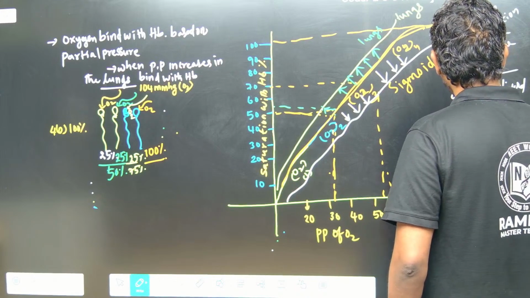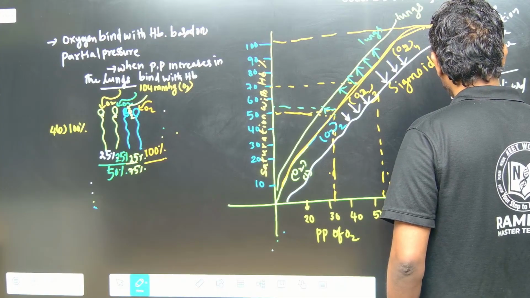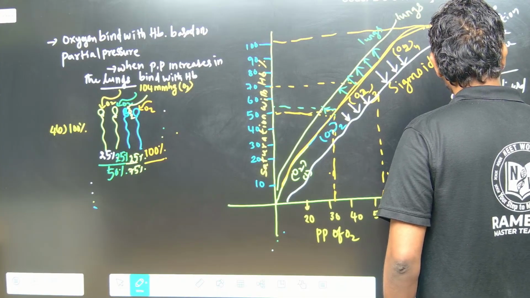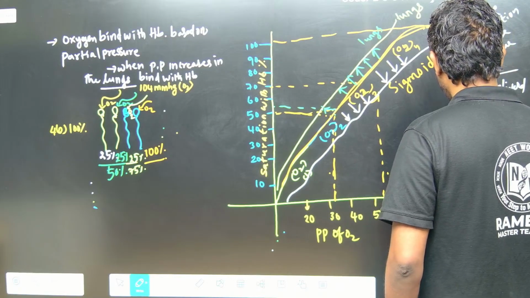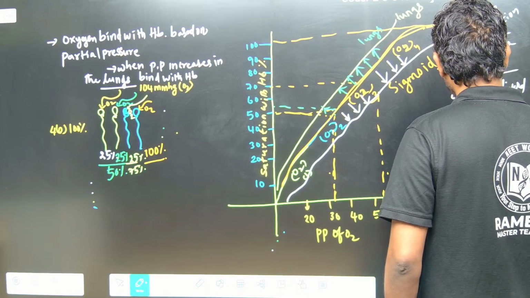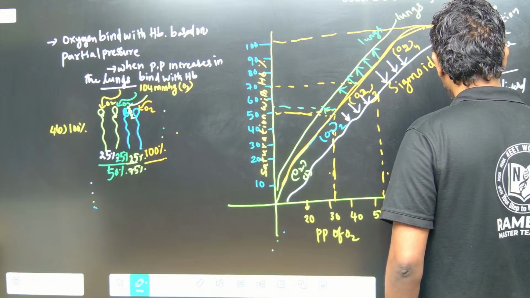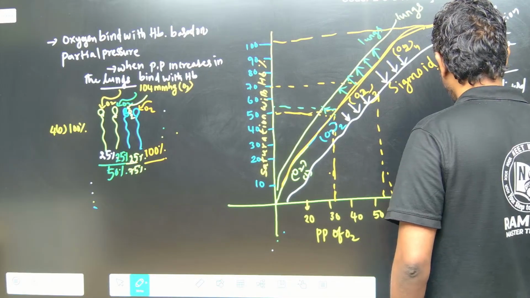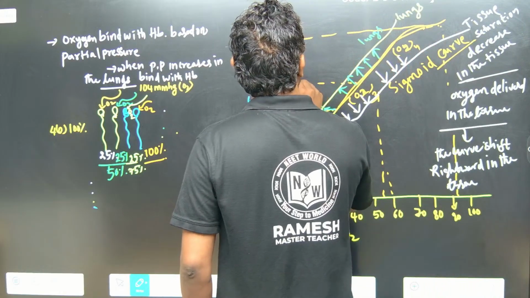The curve shifts rightward in the tissue and leftward in the lungs.